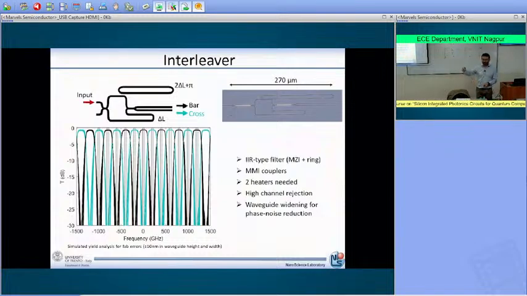This simply uses the dispersion, the refractive index dependence on the wavelength, and an appropriate design so that the free spectral range of the Mach-Zehnder interferometer is exactly equal to the separation between the two different wavelengths, okay? And therefore the blue, the even wavelengths, are channeled in the cross direction, and the dark blue, which are the odd wavelengths, are channeled in the bar direction.